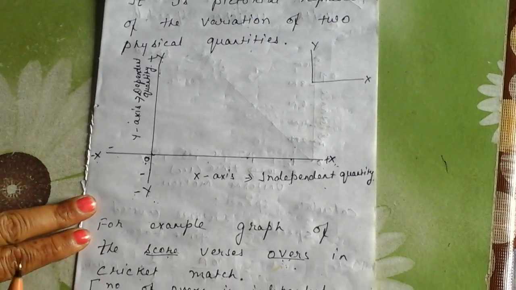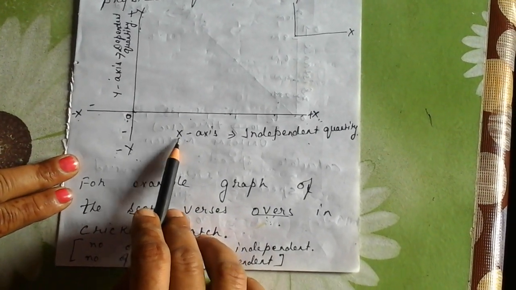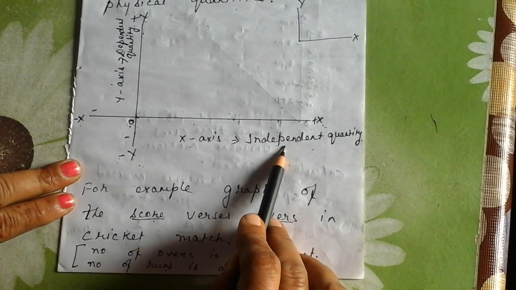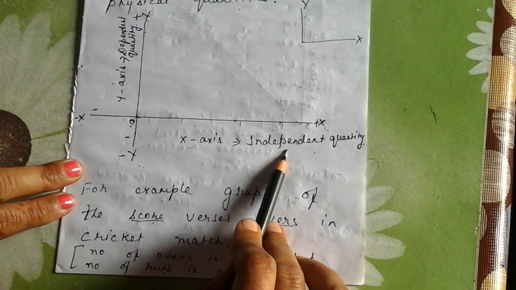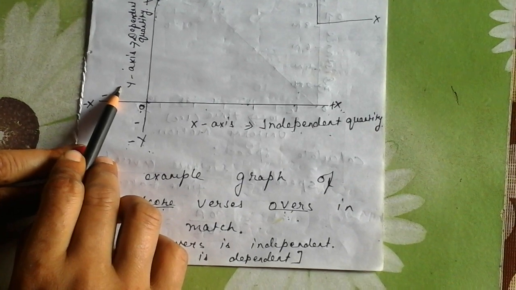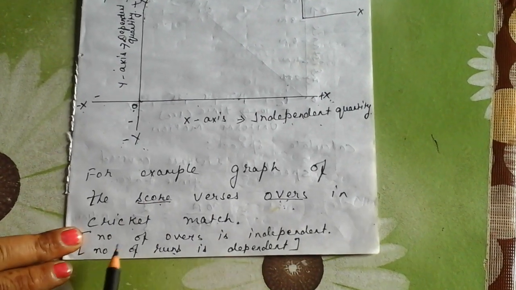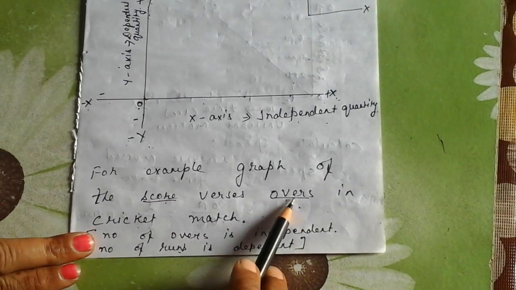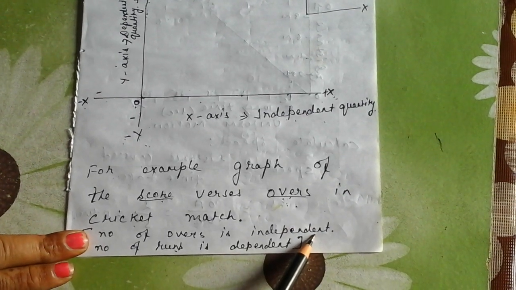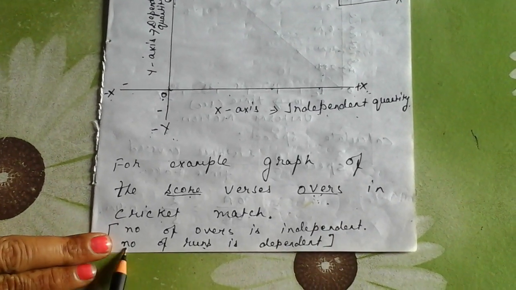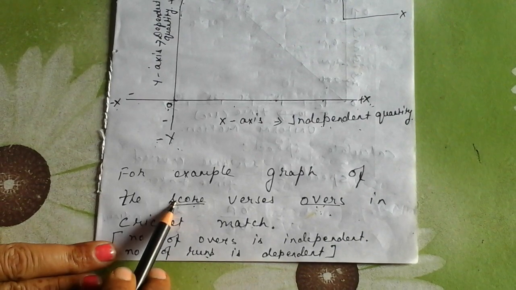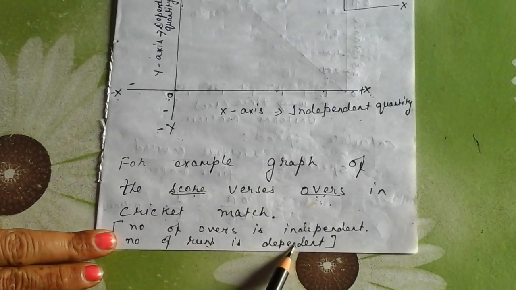So, first thing, try to understand. X-axis always indicates the independent quantity. Y-axis represents the dependent quantity. Let us see score and overs. Number of overs is independent, but number of runs, that is score, is dependent.